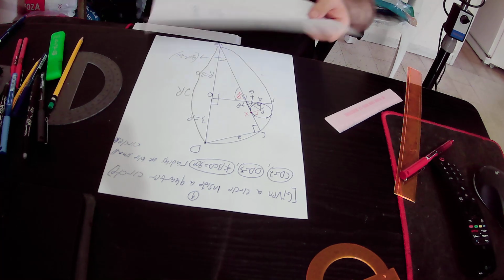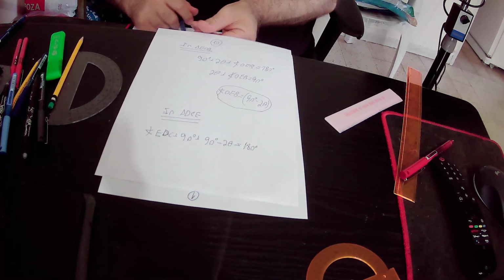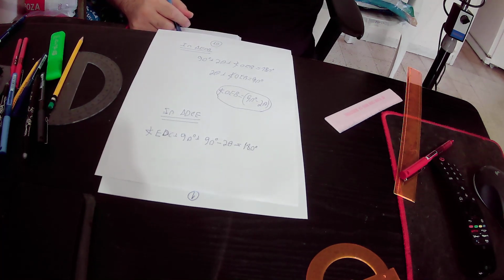Okay, in the right triangle DCE, the sum of the angles is equal to 180 degrees.